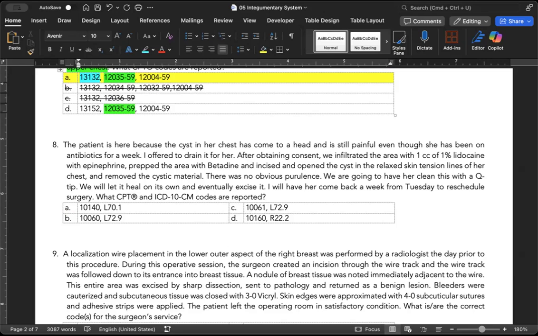So 160 is an incision and drainage of an abscess, which is what we did, right? And then it's simple or single. And then 161 is complicated or multiple. So we did the incision and drainage.